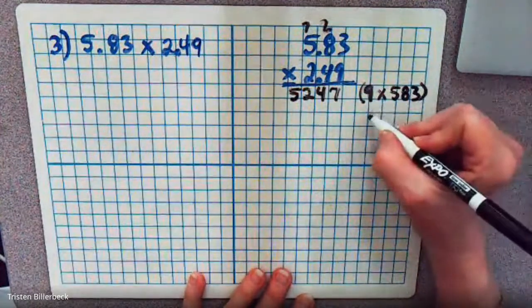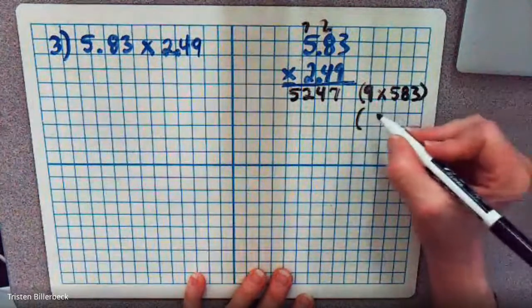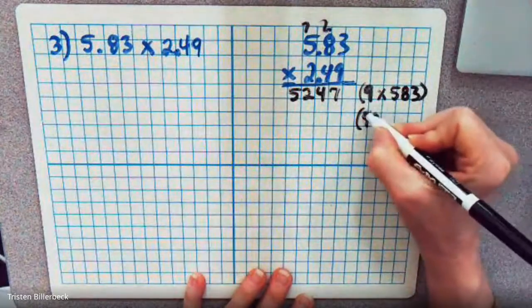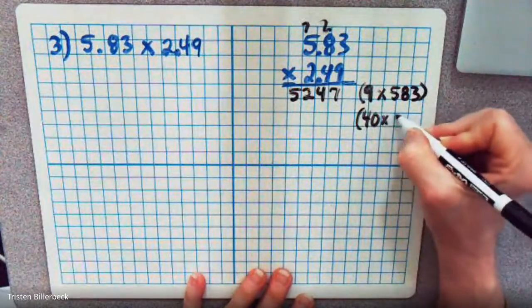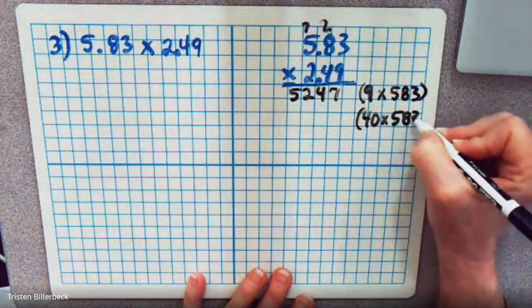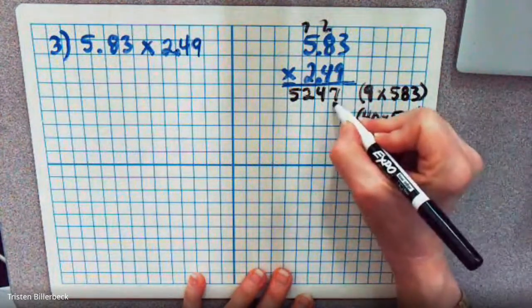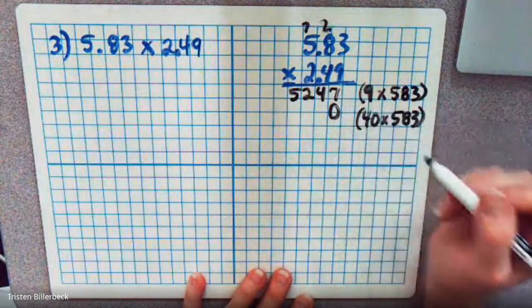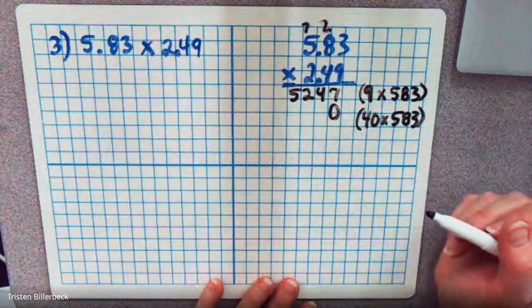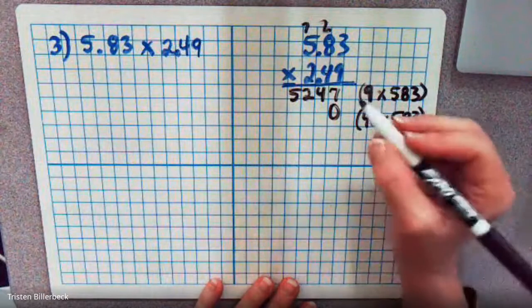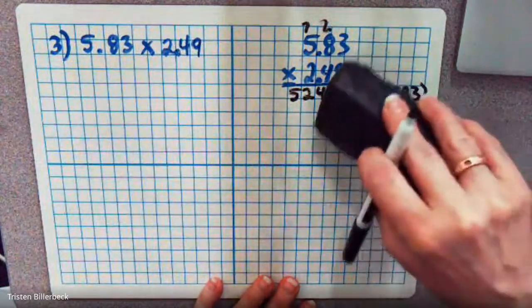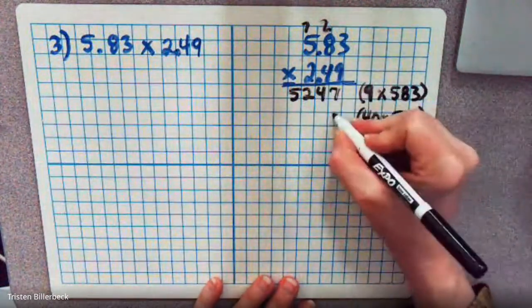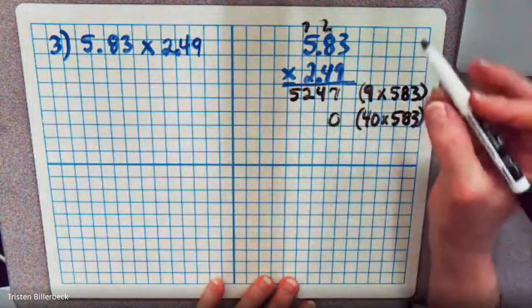Okay, so this next line, we are going to multiply by 40 times 583. So we're going to put a 0 right here. I'm just going to spread it out a little bit this time.